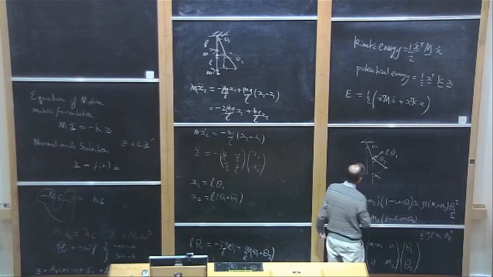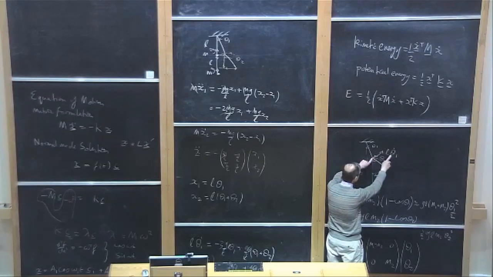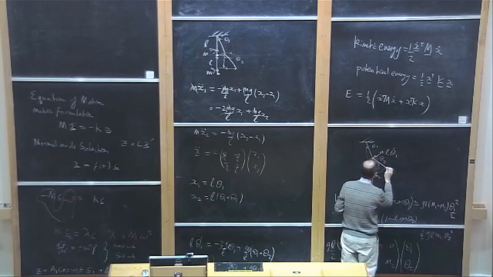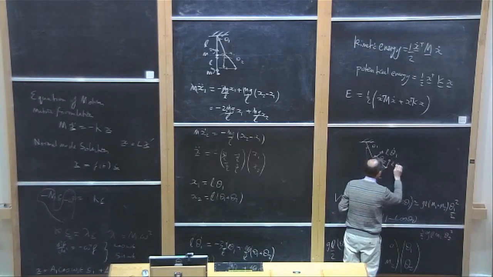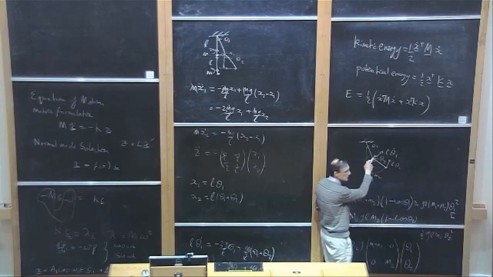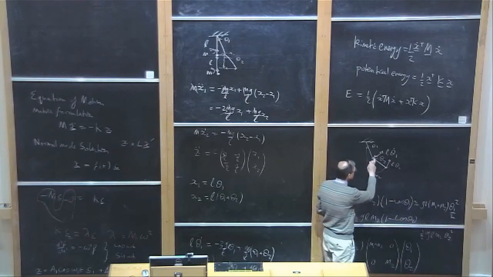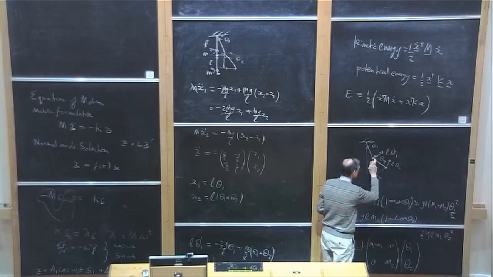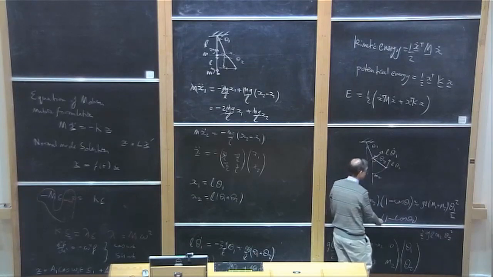What's the velocity of this mass? The support point for this mass is moving with this velocity, and in addition it has a velocity L theta 2 dot relative to this point. And so the velocity of this mass is the vectorial sum of those two.